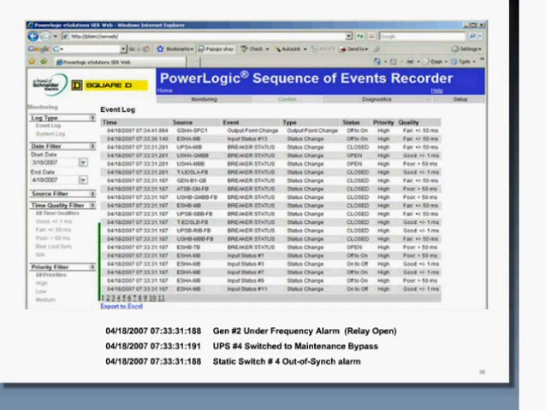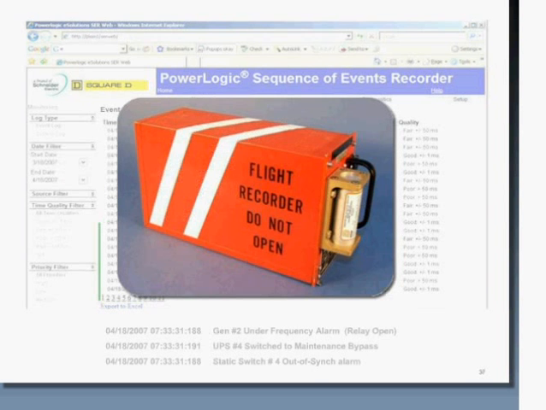So basically, in a nutshell, what we've created is a flight recorder. If there are any situations, we have a total diagnostic tool to go in, recreate the incident, and determine what happened.